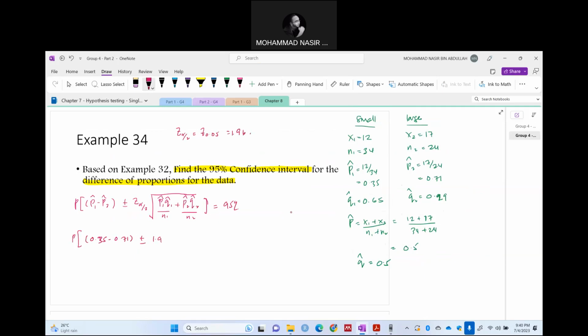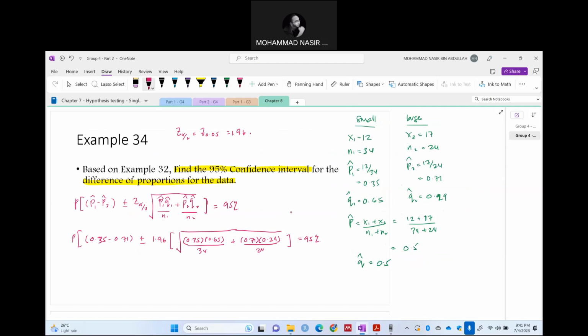So 1.96 multiplied by the square root of 0.35 multiplied by 0.65 divided by 34, plus 0.71 multiplied by 0.29 divided by 24. This is 95%.